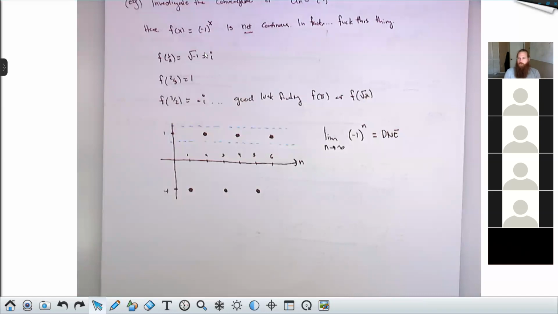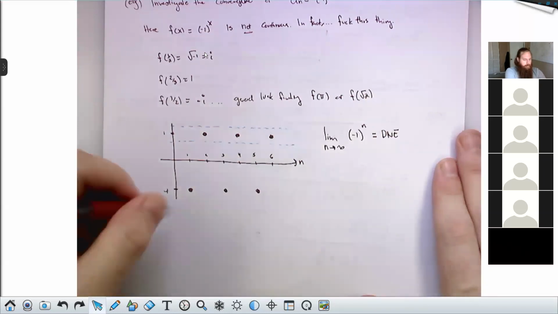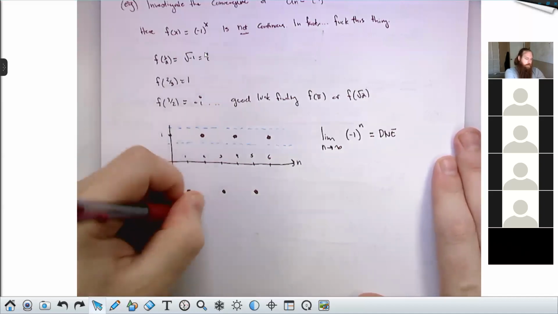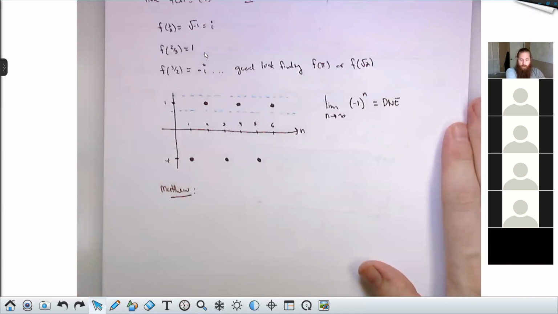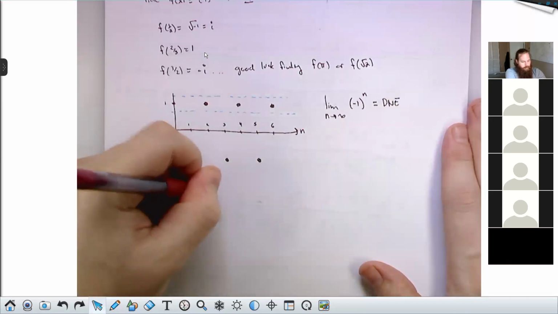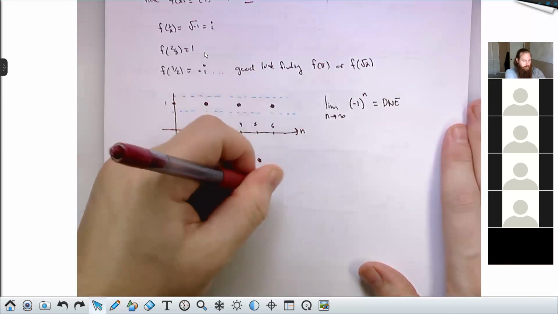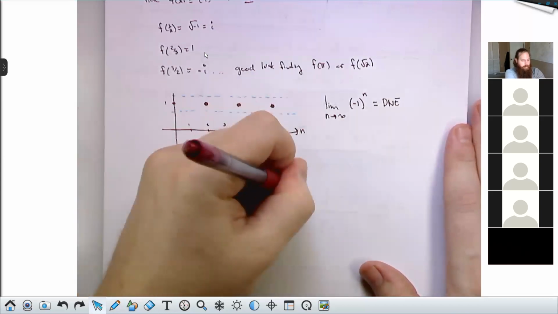Matthew asked an interesting question. Could 0 be a reasonable candidate for the limit here? If you average all these terms, then yeah, the limit of that sequence is 0. But that's not the definition of a limit. There is a concept like that, and what you're getting at there, Matthew, anybody else who's curious about this, Google Cesaro mean.